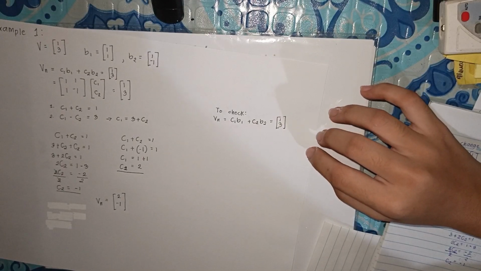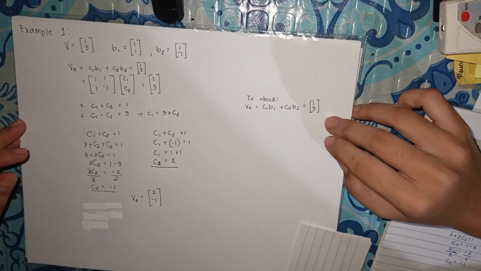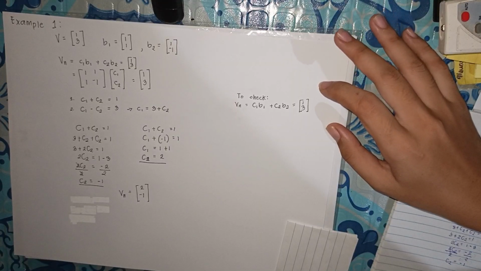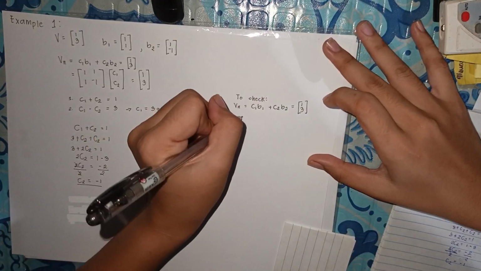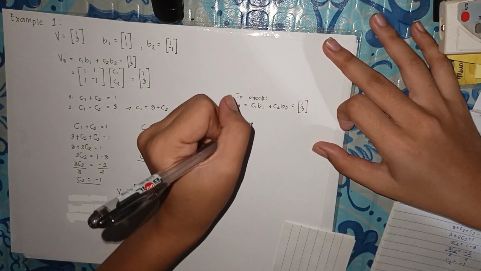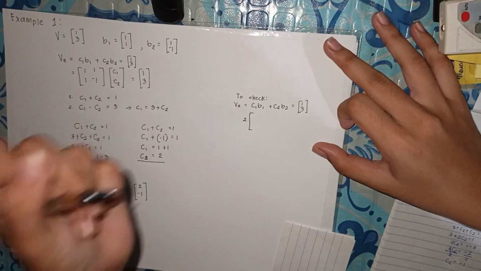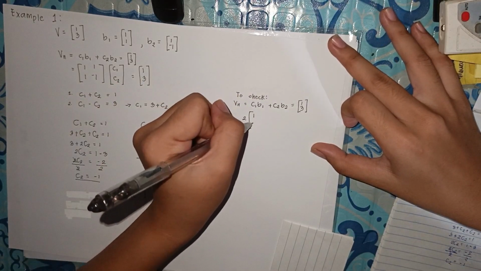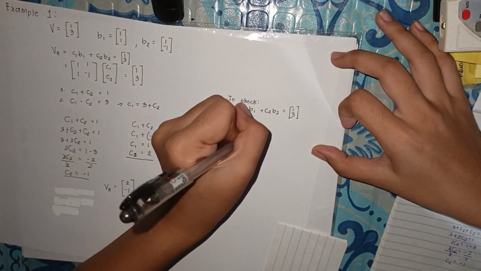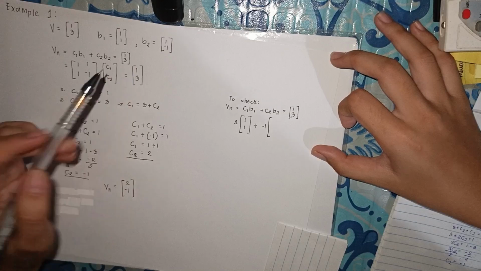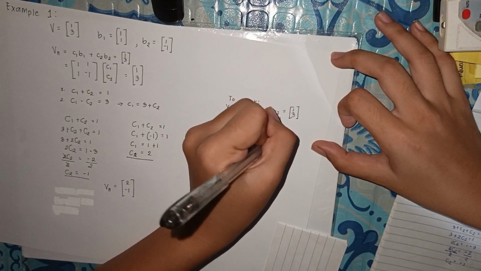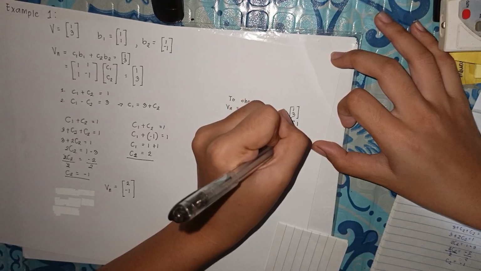So, let's check. So, ang substitute the scalar 1. So, it is 2 times the basis 1, 1 and 1, plus scalar 2, negative 1 times the basis 2 nga 1 and negative 1 is equal to the vector nga 1, 3.